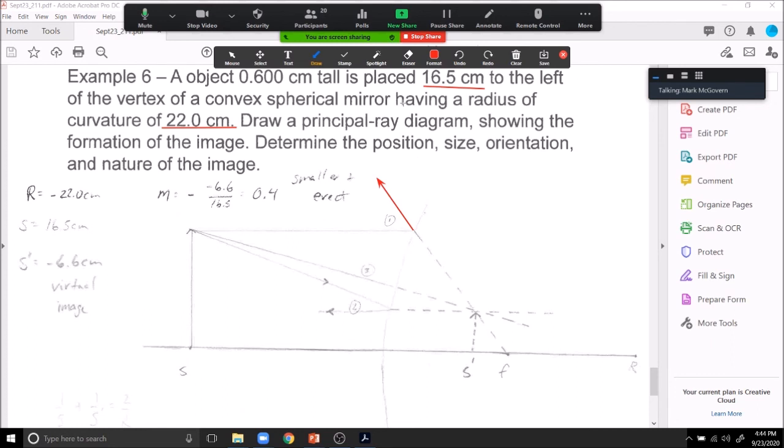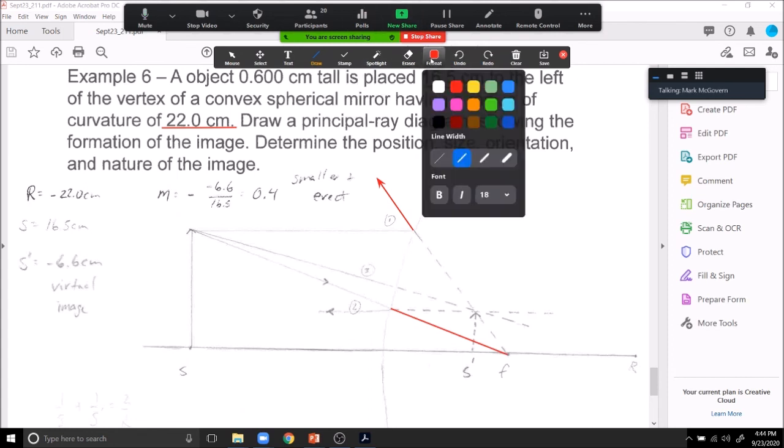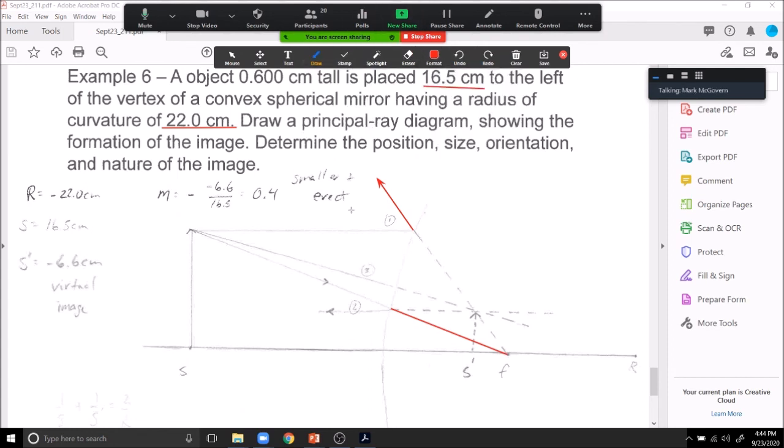Again, what you can't see is I drew a line to make sure that we reach F, and then I reflect that away, and I trace that back to get to there. And then number 3 is through the radius of curvature. So again, I have to draw a line that goes right over to here, and we see the intersection right there.